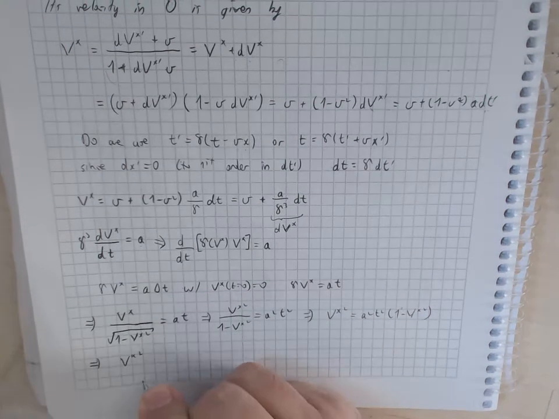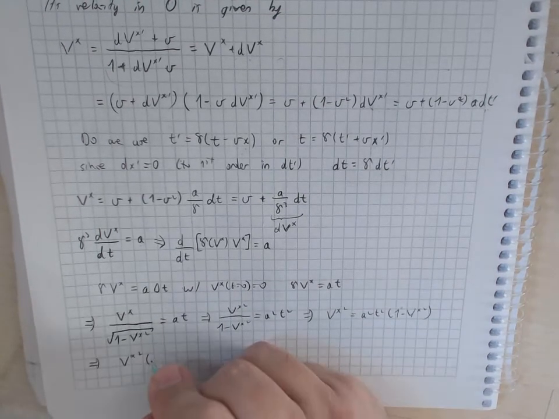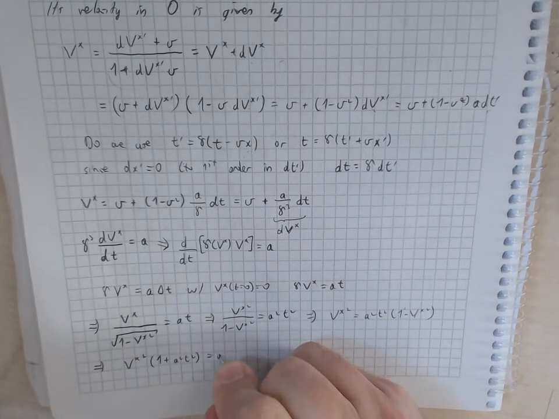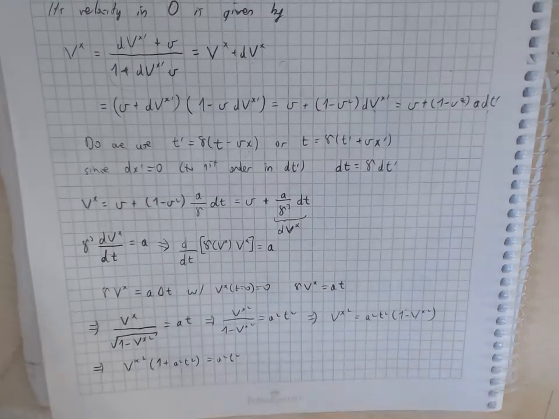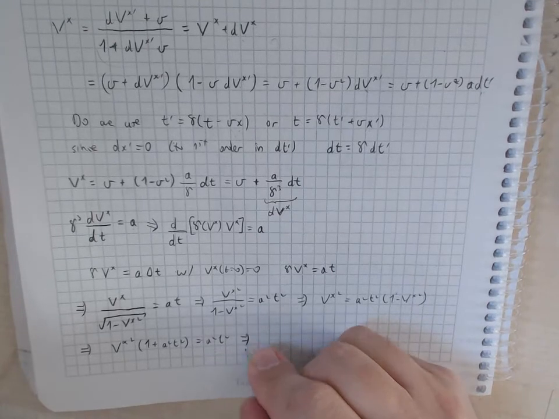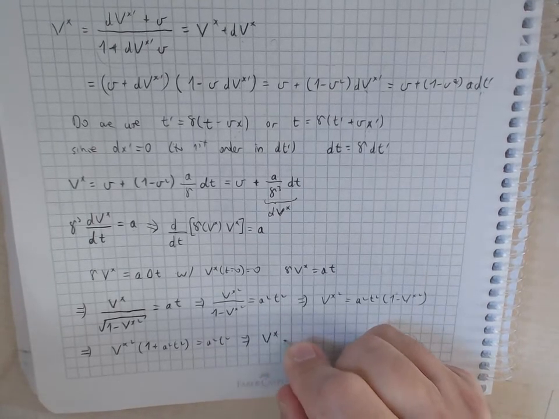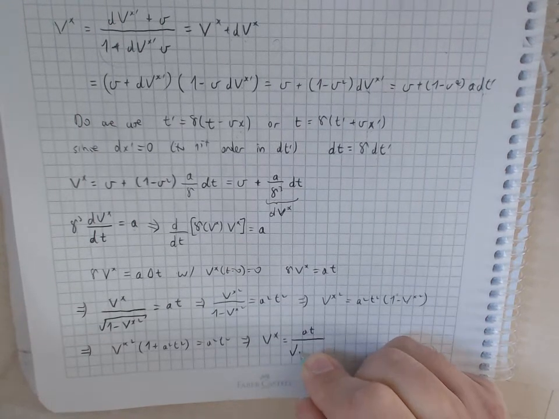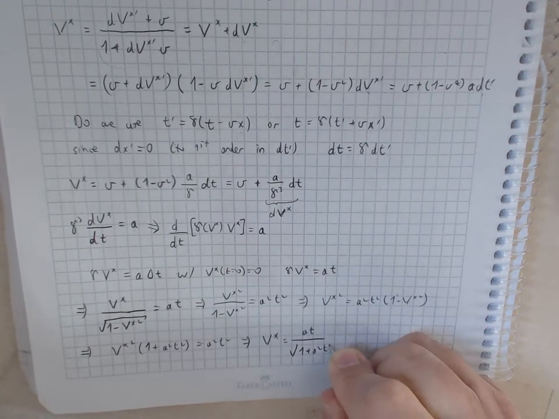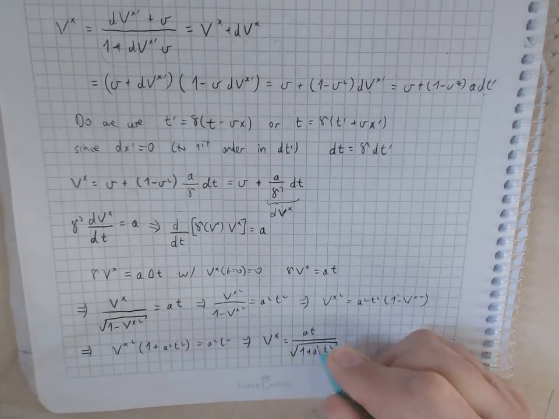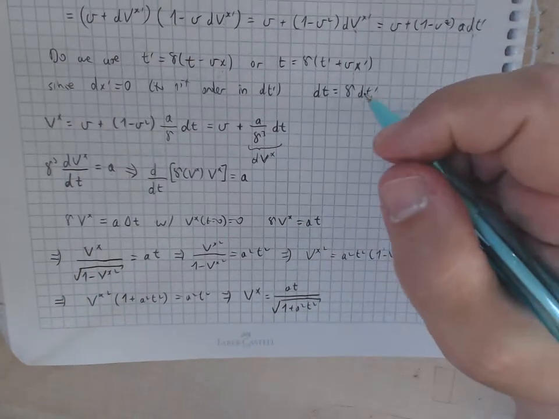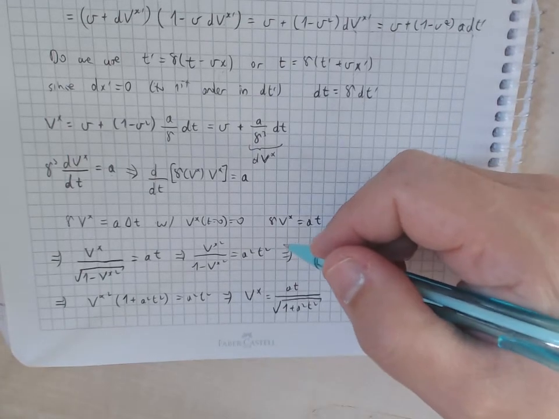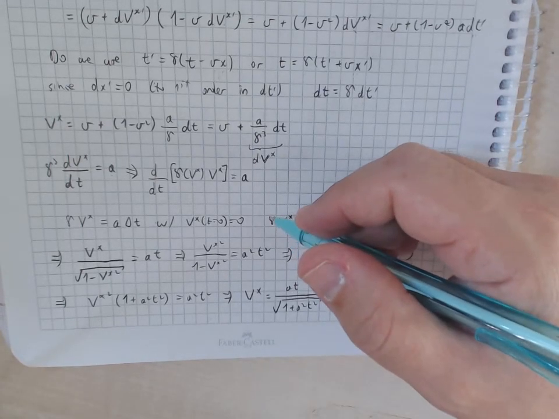Vx squared times (1 plus A squared t squared) is A squared t squared. Move this to the denominator, take the square root, we get Vx is At divided by square root of 1 plus A squared t squared, which is precisely the expression that was given in the previous problem. So we reduce the problem to the previous problem, which we already solved on the back page.